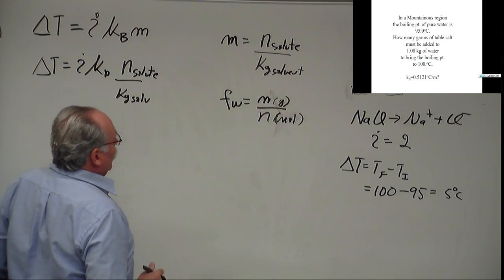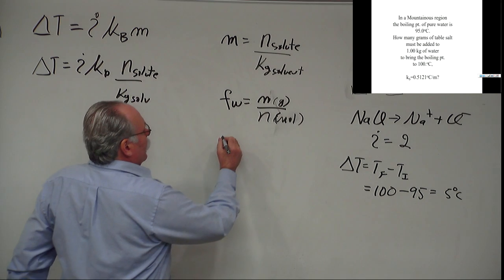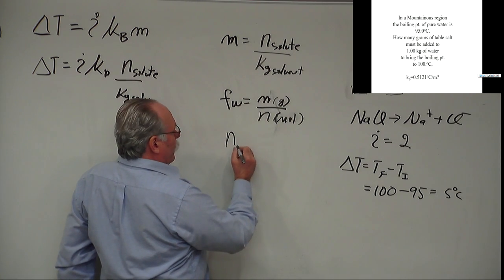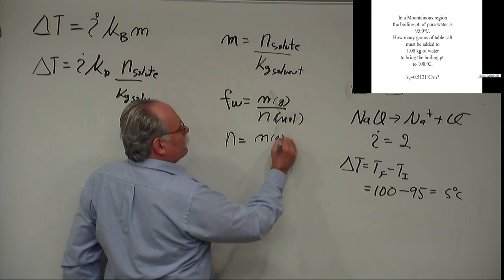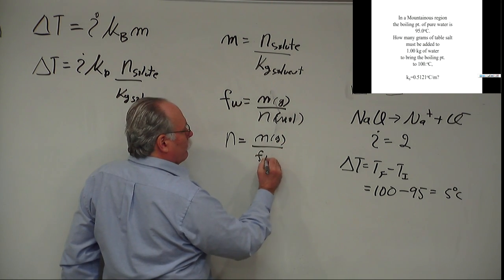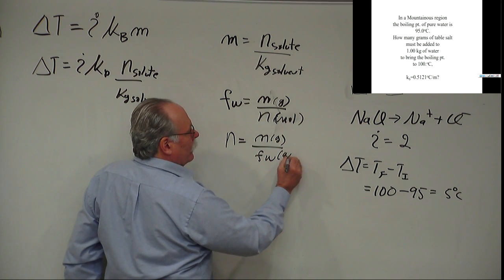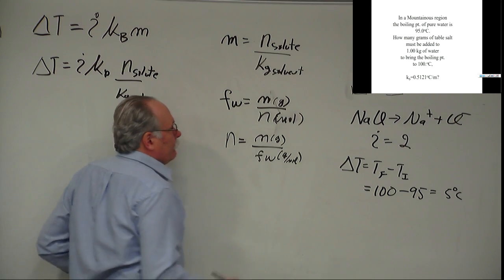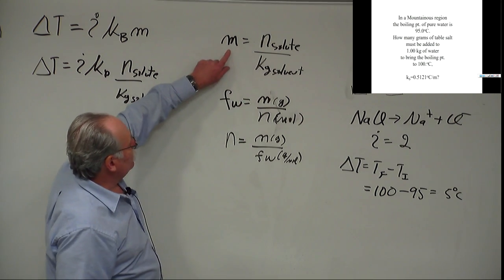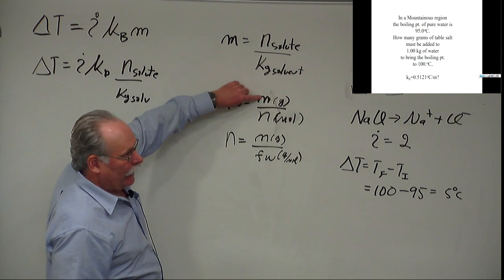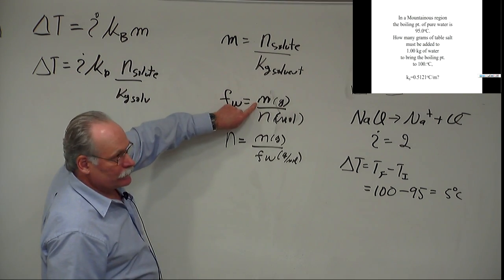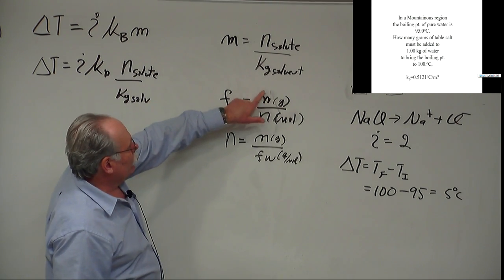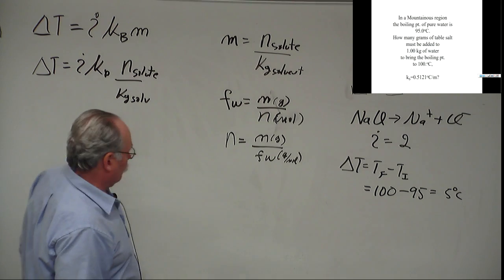So I can now solve for moles. I can say moles is equal to the mass, in grams, over the formula weight, which has the units of grams per mole. The confusion here is that I usually use an m like this for mass, okay? But because m is being used for molality, I have to distinguish this. So I'm writing the m with only 2 hoops instead of 3.